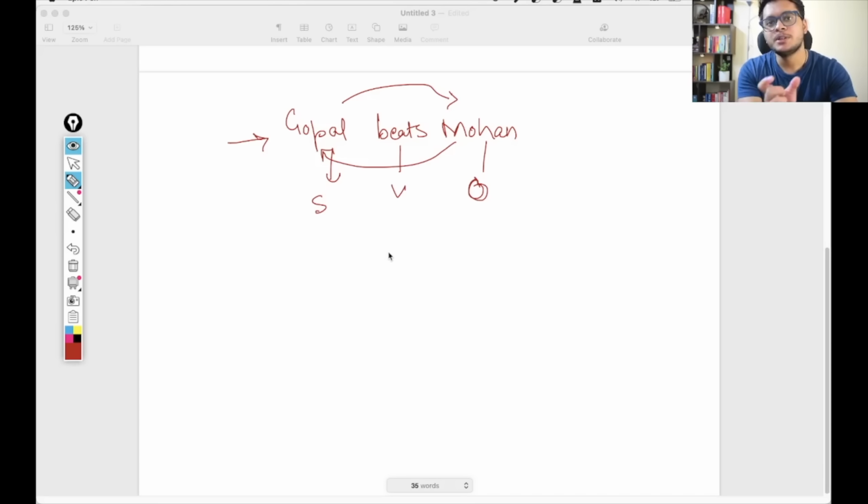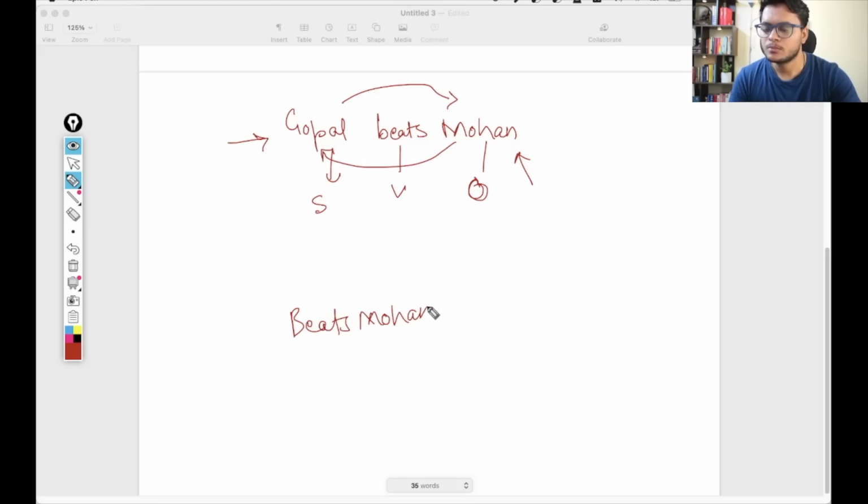So the sentence Gopal beats Mohan, and the meaning it intends, can only stay true once this order is intact. You cannot change the order of the words, otherwise it won't make sense. You can't even write "beats Mohan Gopal", because this won't convey the exact meaning. It doesn't convey who beats whom, whether Mohan beats Gopal or Gopal beats Mohan.